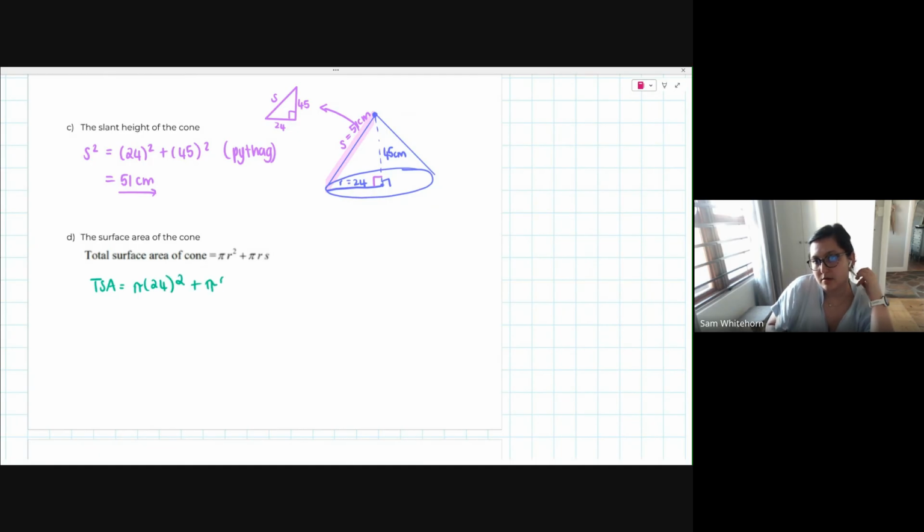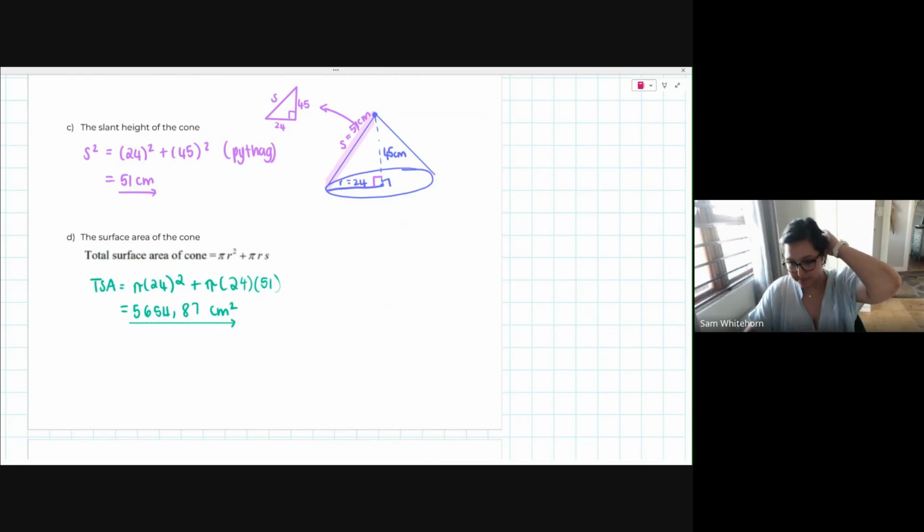Okay. Right, well, it is indeed 5,654.87 centimeters squared. That is your total surface area.